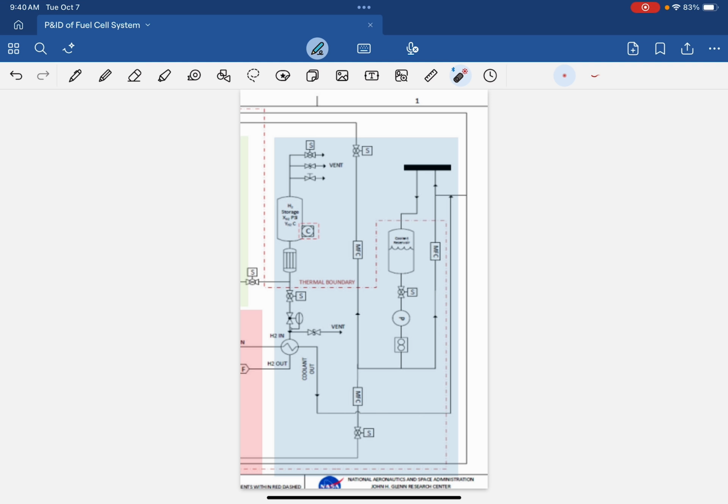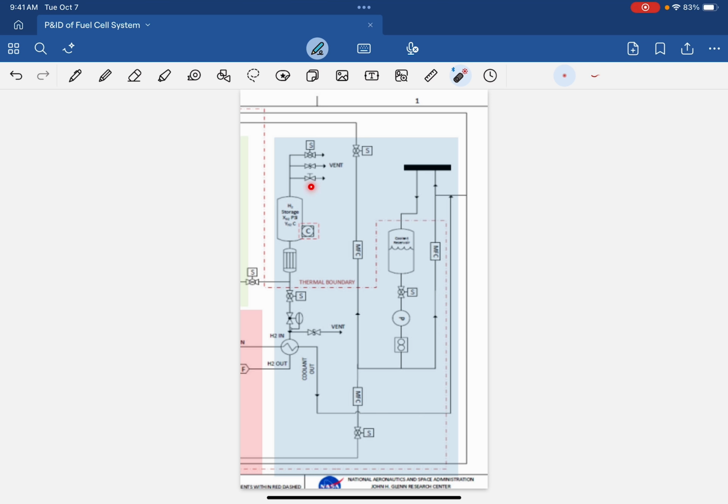This little section attached to the vessel is called a cryocooler. It keeps the vessel at a specific temperature and pressure, because the hydrogen needs to be readily accessible for the system to function correctly. Attached to this vessel are three types of valves.